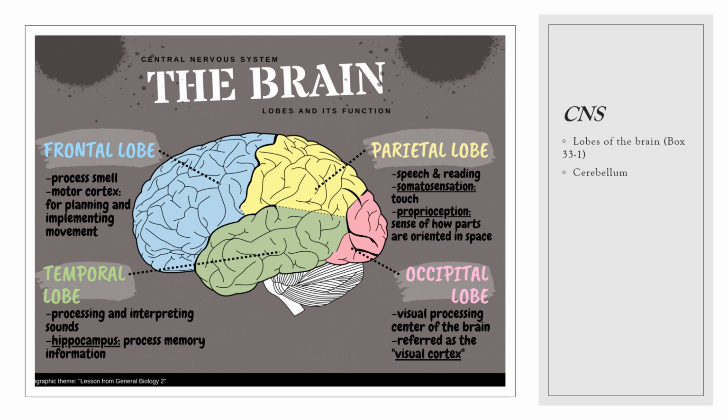Now, I have on here a picture of each of these you can look at. You also have a box in your text, box 33-1, that you can reference back for this, but I just want to talk about each of these just a little bit. The frontal lobe is responsible for memory, for voluntary movements, for emotions, for judgment, decision making, for reasoning and aggression. Your parietal lobe is responsible for receiving and interpreting sensations, and then also proprioception, which is the awareness of your body and body parts in relation to each other.